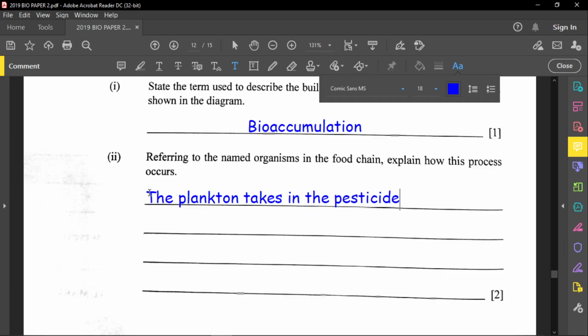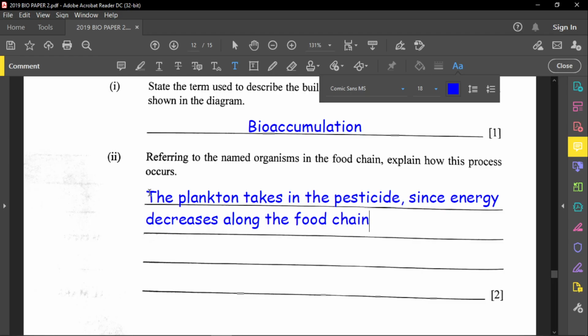The plankton takes in the pesticide, and now since energy decreases along the food chain, the organisms will eat more of the previous organism.